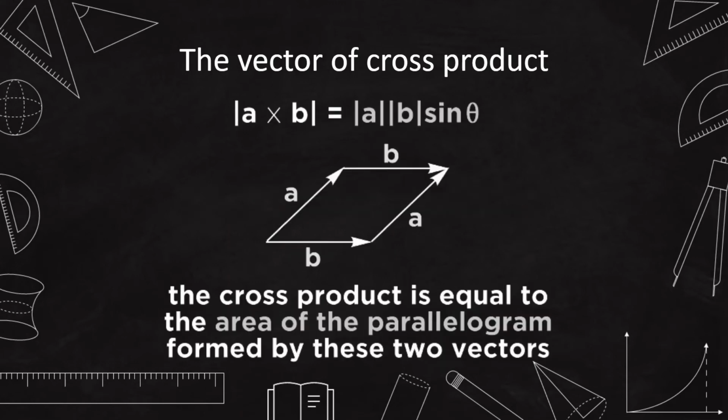Another interesting thing about the cross product is that the magnitude of the resulting vector, which is the magnitude of A times the magnitude of B times sine theta, the expression we just used, is also equal to the area of the parallelogram created by vectors A and B. This is another reason that the cross product of parallel vectors is the zero vector, because they span 0 area.